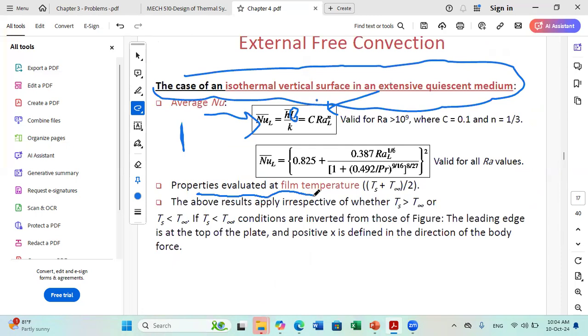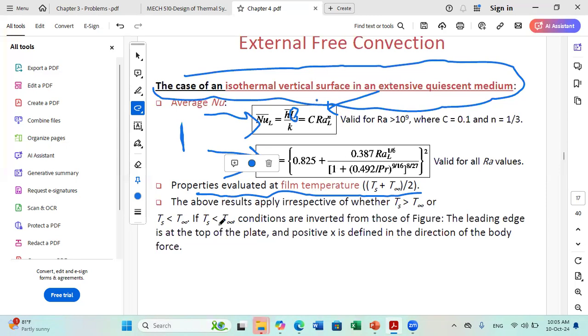So when you go to your relations, they will tell you at what temperature to evaluate properties. In general, most of the correlations use the film temperature as reference temperature, but sometimes it's not the case. So always verify, when you want to use a certain Nusselt number formula, what is the temperature used.